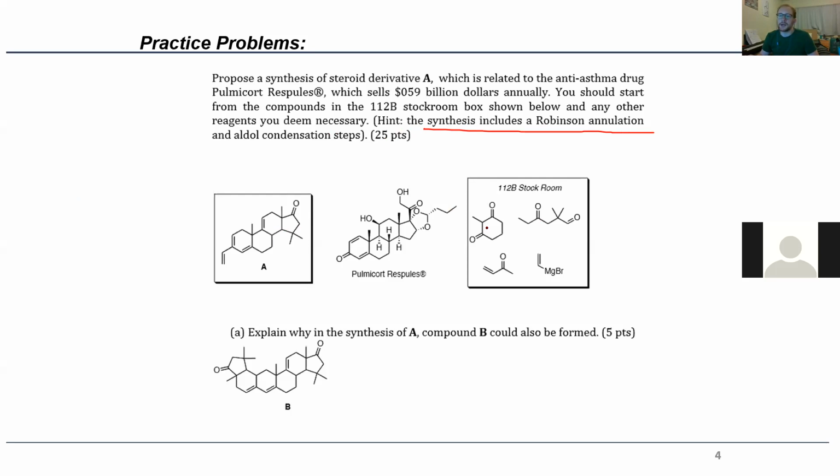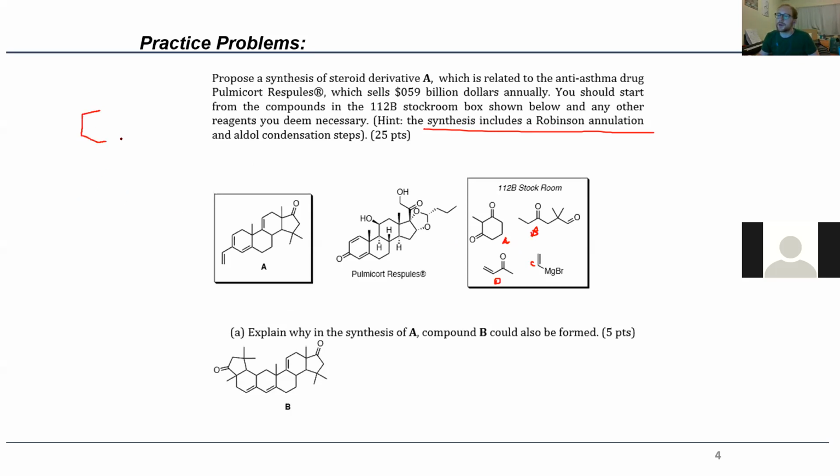And so I'll remind you all of the Robinson annulation and of the building blocks we have here. We have A, B, C, and D. And so we can recognize that we can combine A and D together through Robinson annulation. That's going to build a very crucial part of this molecule.